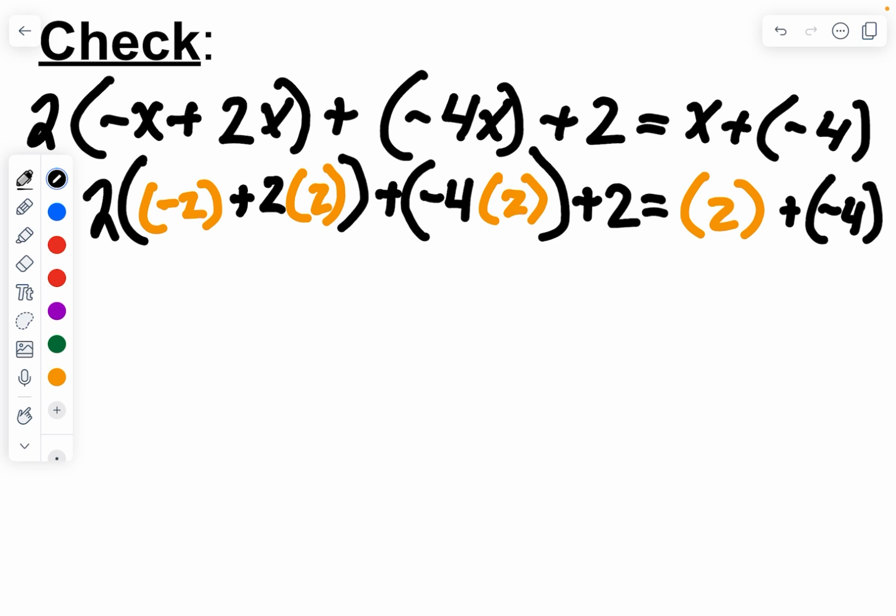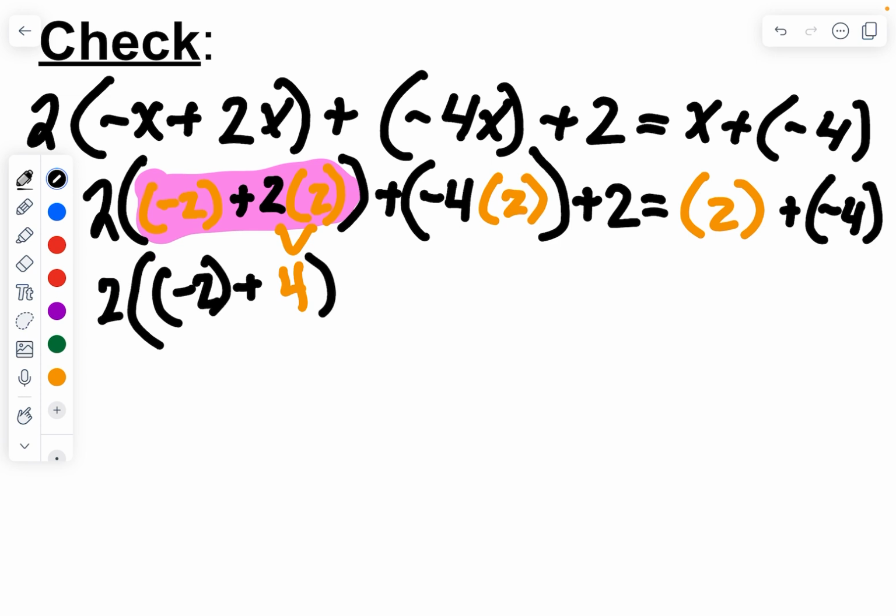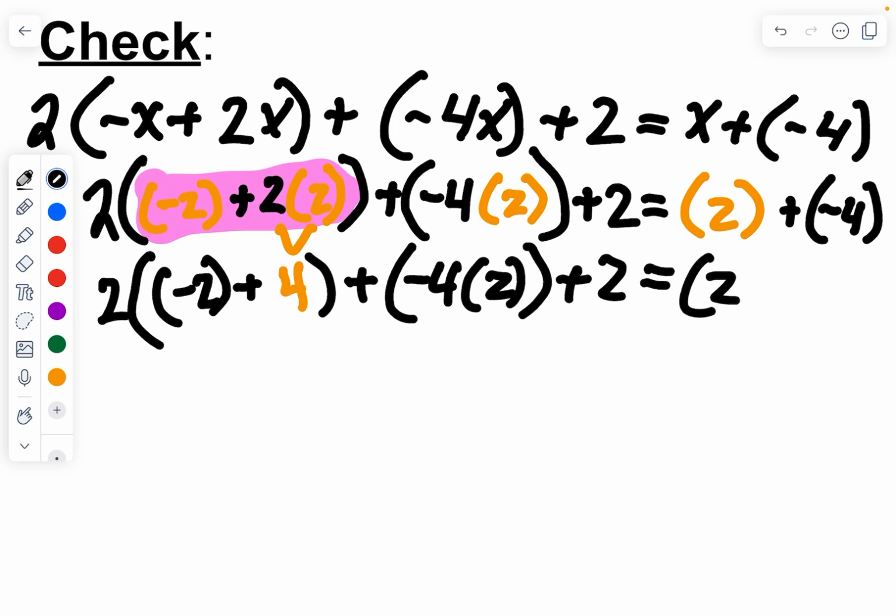Now we're going to look inside the parentheses. So I'm going to look inside this parenthesis here. And I'm going to do what's in the parentheses first. So I'm going to come here. I'm going to multiply these. Again, I'm going to work inside the parentheses here.